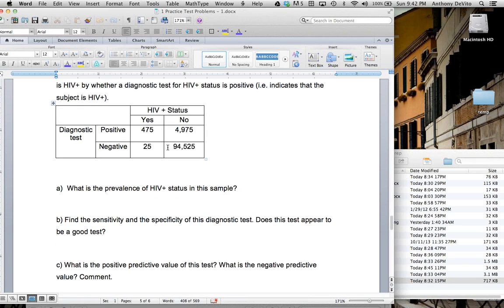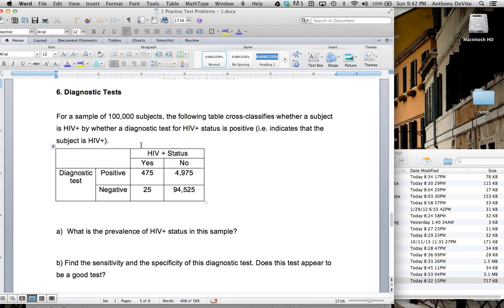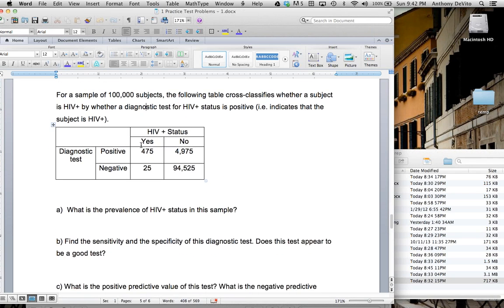Out of those 100,000 people that took part in this study, following this screening test, they went through whatever the gold standard test is for HIV status that's used nowadays. We then compared the results of the screening test to their actual HIV status, whether they actually have the infection or not. We found on the diagnostic test that out of that 100,000 people, there were 500 people who had HIV, who were positive.